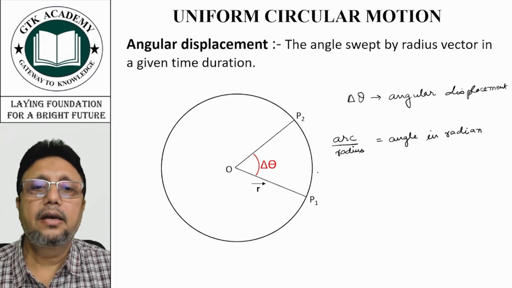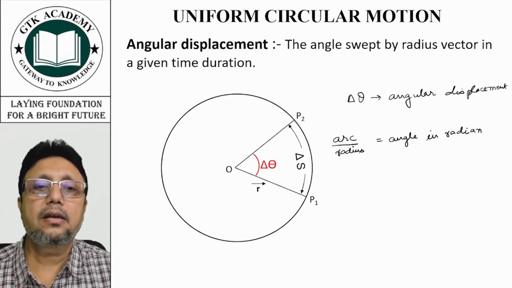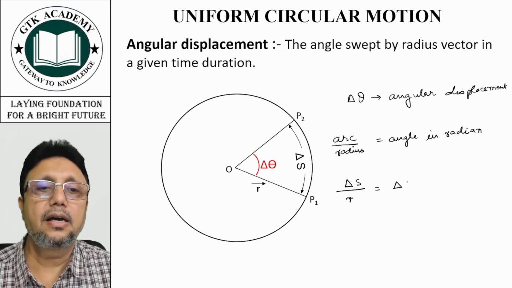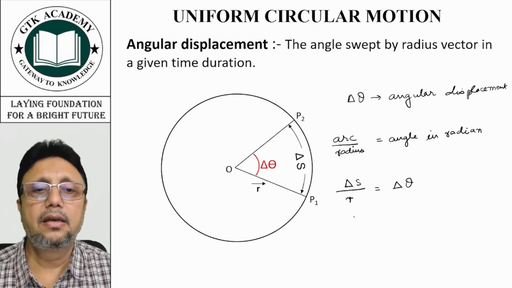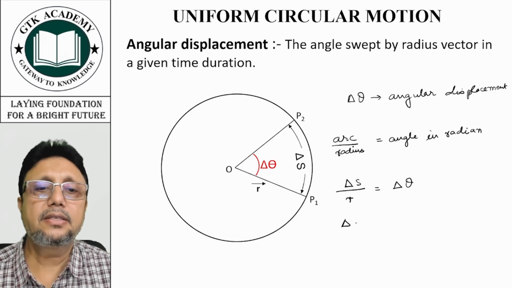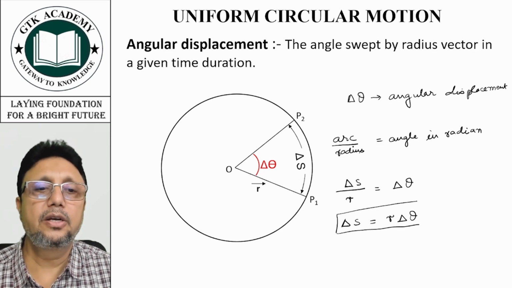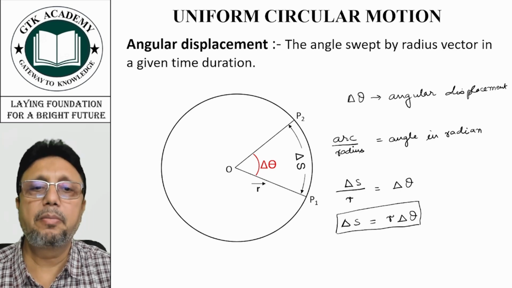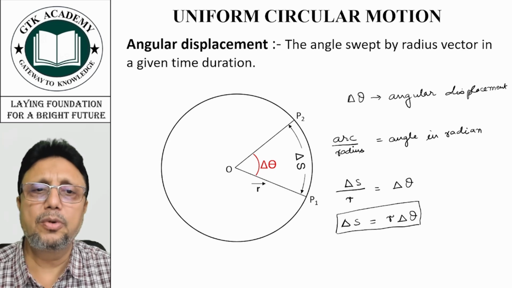Now here, if delta S is the length of the arc, so the arc here is P1 P2, that is delta S upon radius R is equal to delta theta in radian. So delta S is equal to R delta theta. Arc is equal to radius into angle in radian. Please remember this result because we are going to use it in the next slide and I think you must be knowing it.